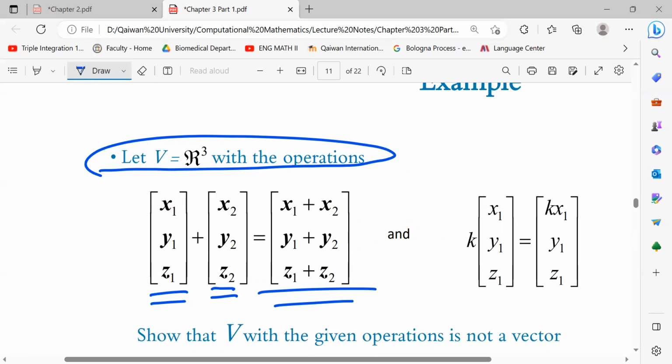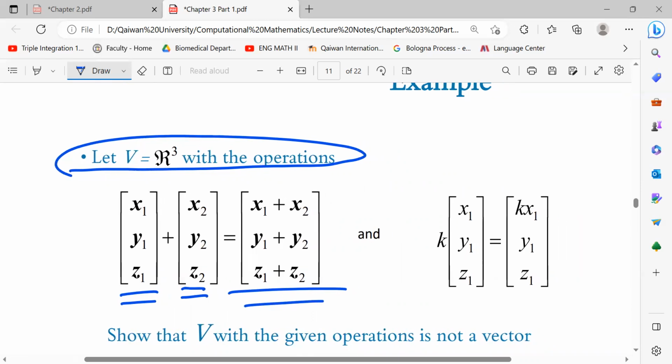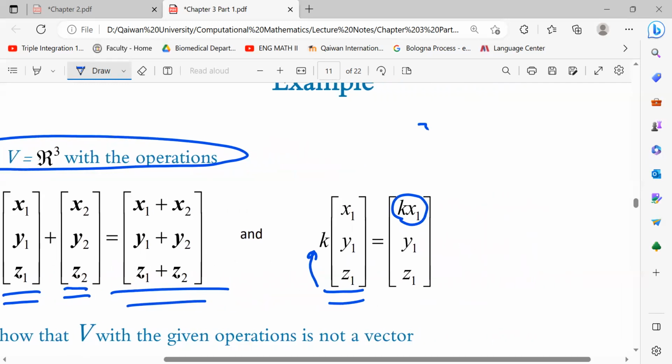Okay? And scalar multiplication. If we multiply any vector by a scalar, we just multiply the top entry by the scalar. For example, if you have 3 multiplying (2, 1, 4), what does this equal? We don't multiply all the elements.